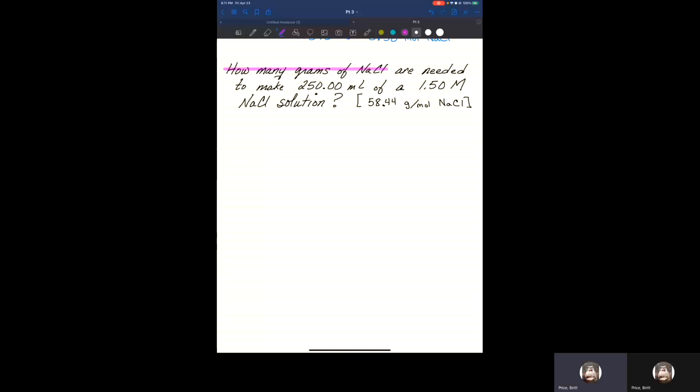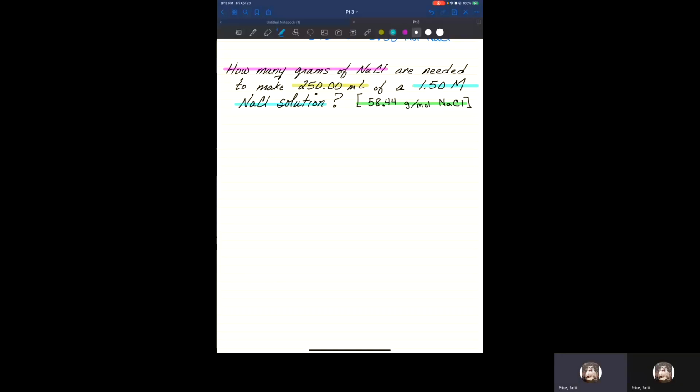How many grams NaCl are needed to make 250 milliliters of a 1.50 molar solution. And then I'm guessing this piece might be important as well since I added it in.